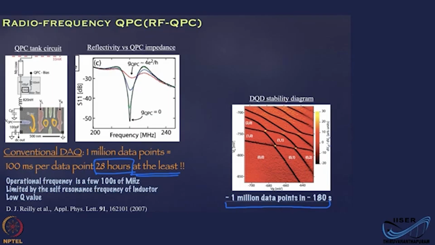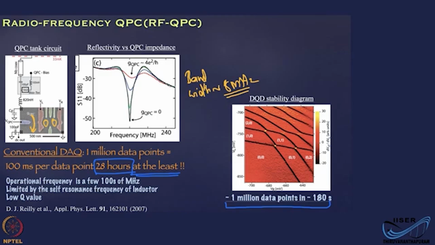Okay, so this technology here is showing that you can get the same data in a much lower duration. One issue though is the operational frequency is 230 megahertz, and the bandwidth is maybe 8 megahertz.